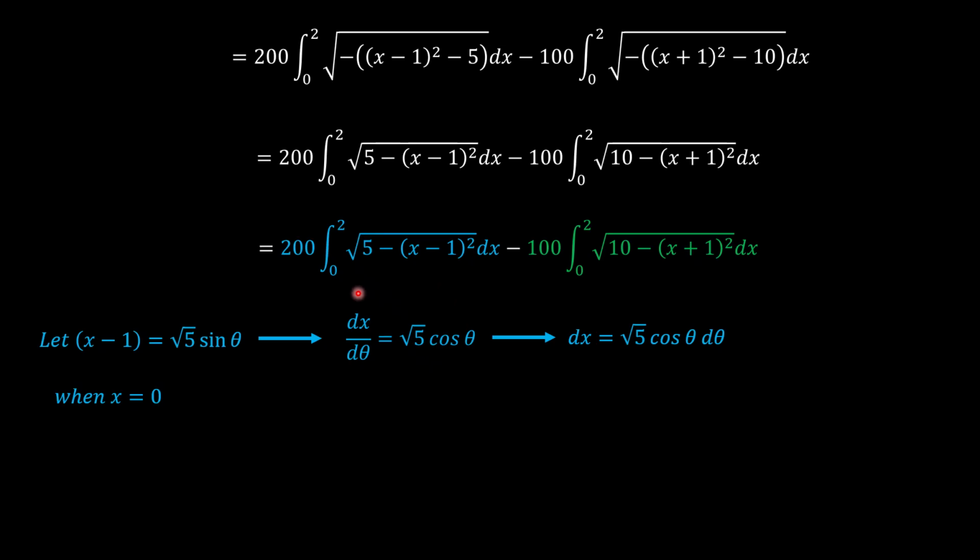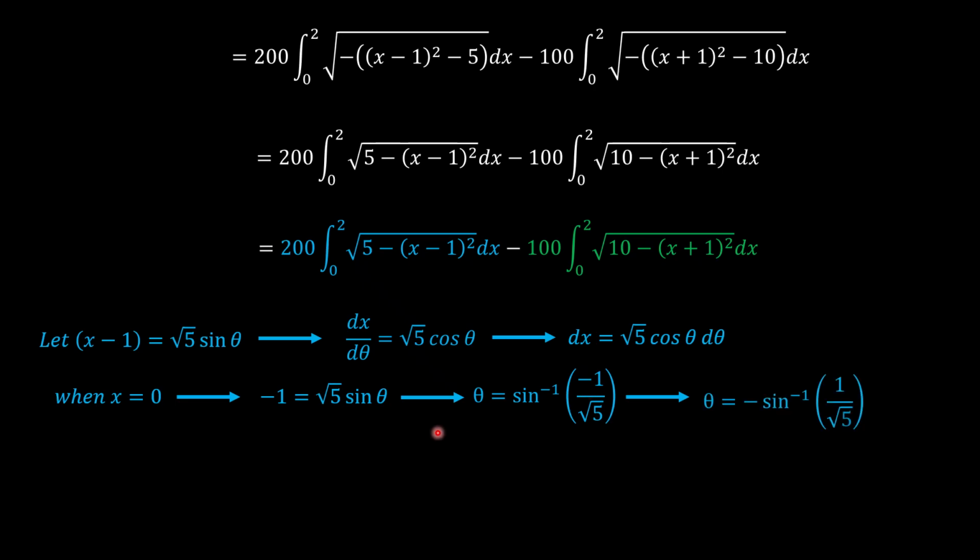And then the limit when x equals 0: 0 minus 1 is negative 1, and that means negative 1 is equal to square root of 5 sine theta, and therefore theta is the arcsine of negative 1 over square root of 5, and this negative can propagate outwards, and we can just say theta equals negative arcsine of 1 over square root of 5.